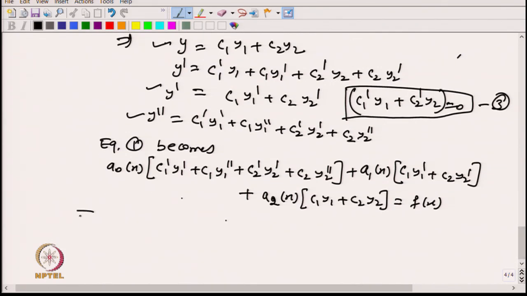From here I simplify and collect the terms corresponding to c1 and to c2.